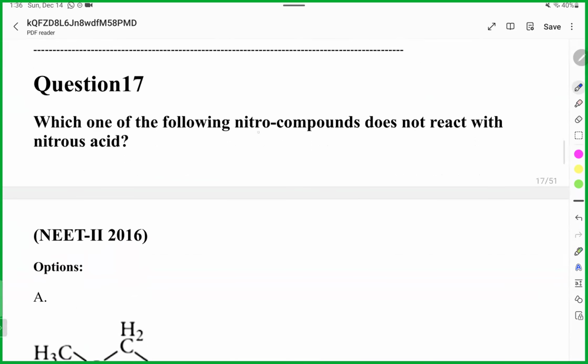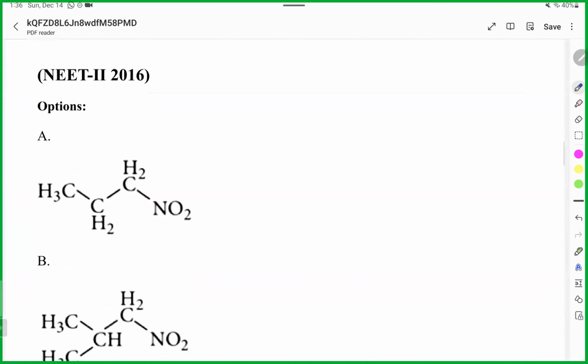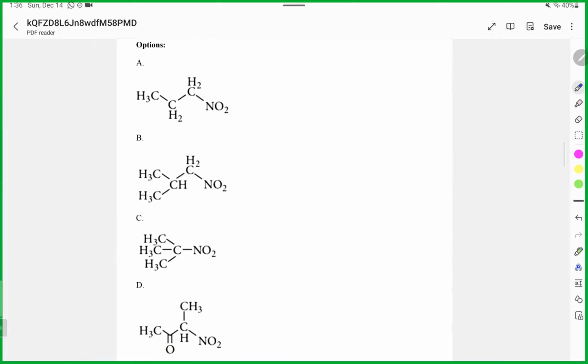Anvita, which of the nitro compounds does not react with nitrous acid? First one? Tertiary does not react with nitrous acid because there is no alpha hydrogen.